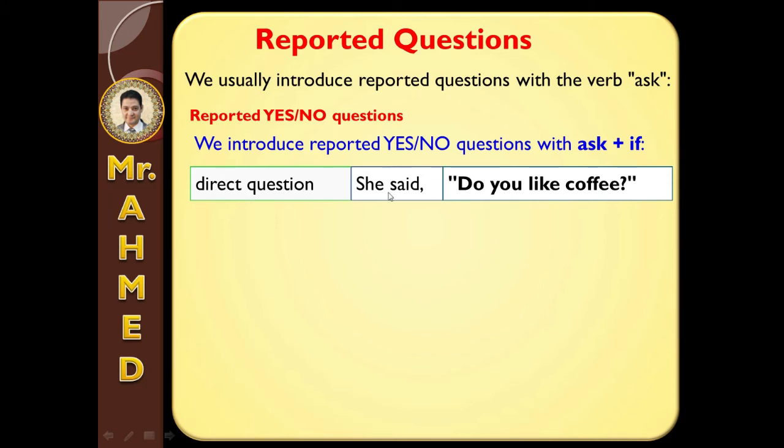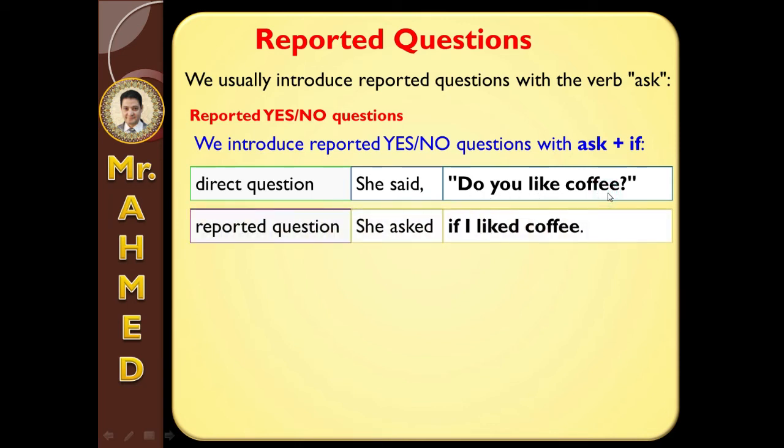This is a direct question: she said, "Do you like coffee?" The reported question will be: she asked if I liked coffee. Said changed into asked, and we add if. Here in the present, we changed it into liked in the past.